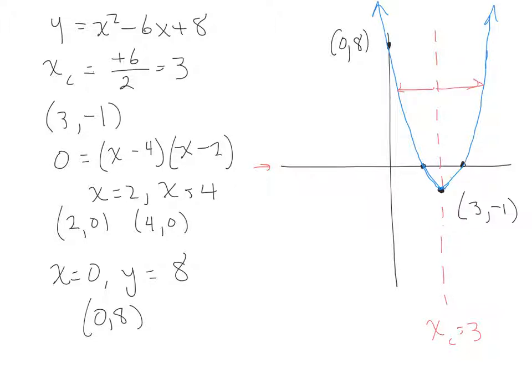I'm going to just call those A and A. And everywhere you go, for every value of y, the two values of x are equal and opposite distance around that. So they're always going to be the same distance away from that center line. So I hope this has been helpful.